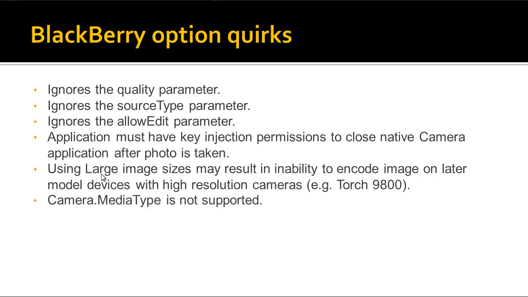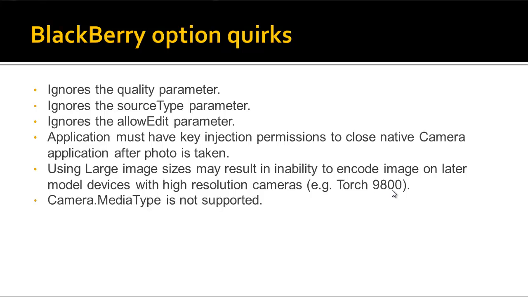Also, using large image sizes may result in the inability to encode the image on later model devices with high resolution cameras. Obviously, as you know, the newer models such as the Torch 9800 have the newer type cameras on them, and because the camera quality is so good, encoding them can actually cause memory issues and cause your application to crash.